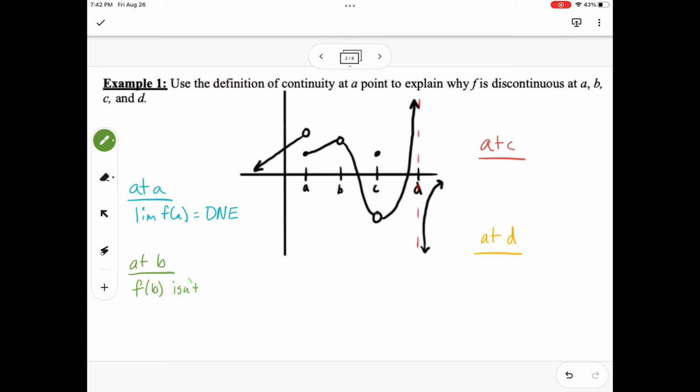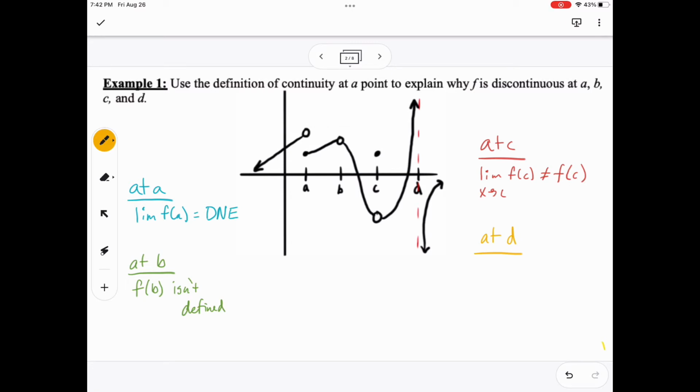At B, the limit exists, but the value is not defined there, so it's discontinuous. At C, it's defined, and there is a limit, but those two things are not the same, so it didn't meet the third requirement.